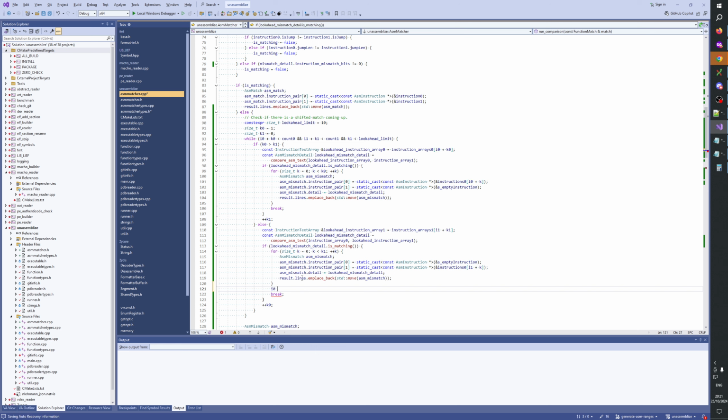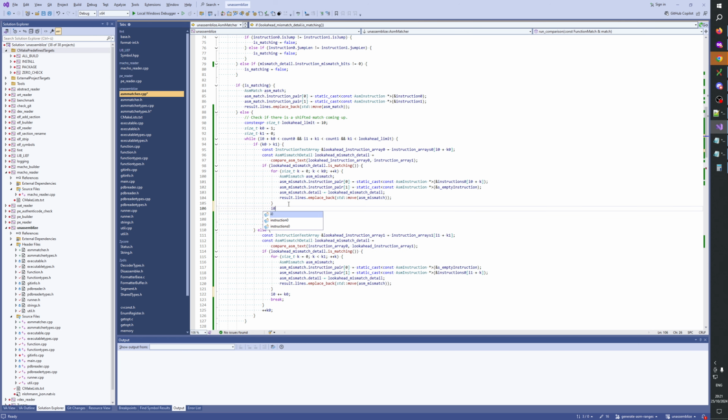So we need to have something like I0 plus equals K0. But I need to verify that it's actually the correct place. I'm a bit confused right now.